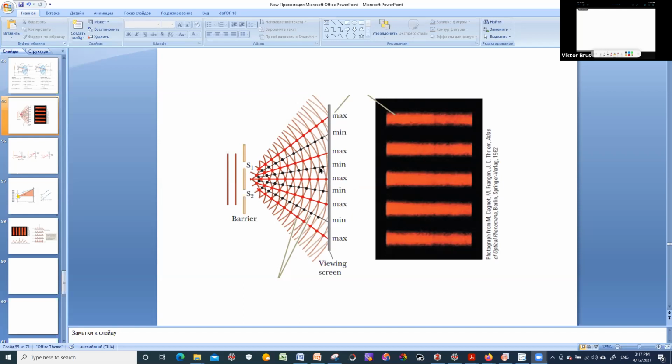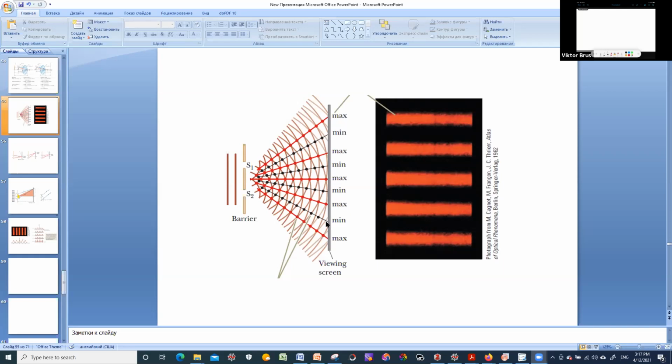Or when they come to some point in opposite phases, then we will have minimum brightness exposed on this screen, and that will correspond to destructive interference, when the amplitude of the resulting signal at this point will be smaller than the maximum amplitude of one of the initial waves.